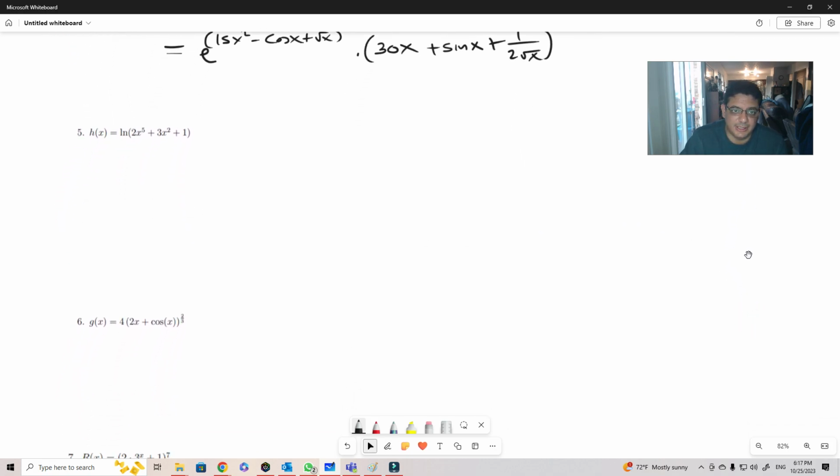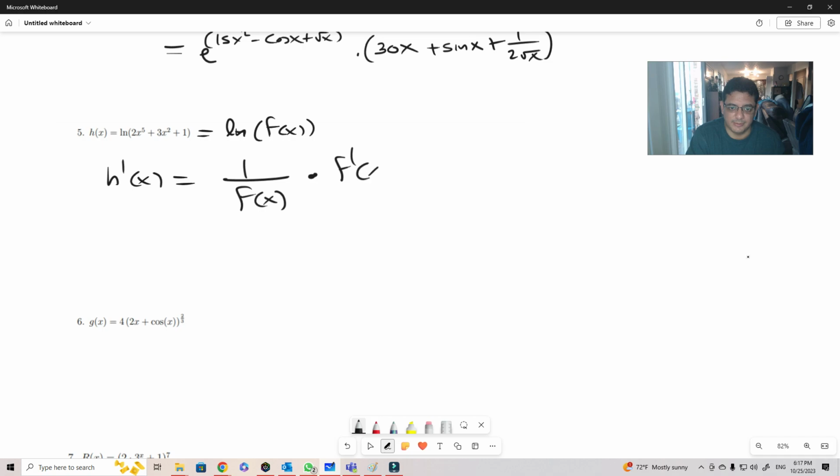Notice that technique that I just applied of seeing a complicated chain rule as just the derivative of a simple function composed with another one also works for this scenario. I can see this h of x as log of f of x, and so if I see it that way, h prime is just going to be the derivative of log, which is 1 over x, but composed with f of x, so 1 over f of x times f prime of x.